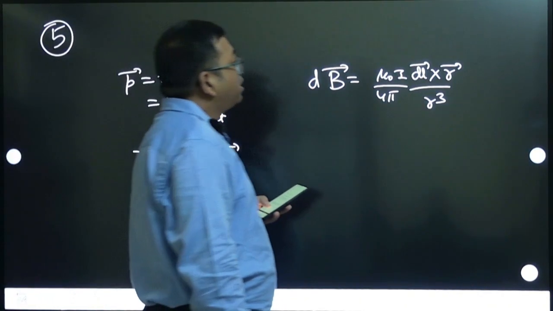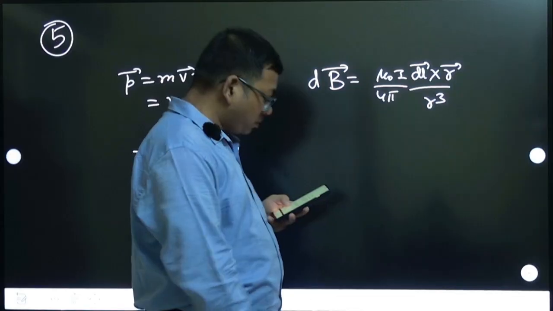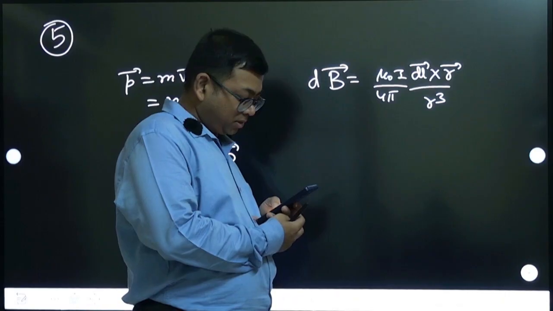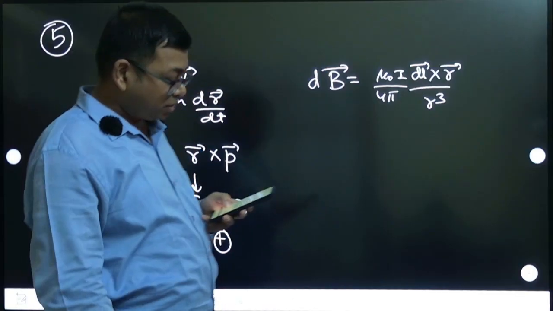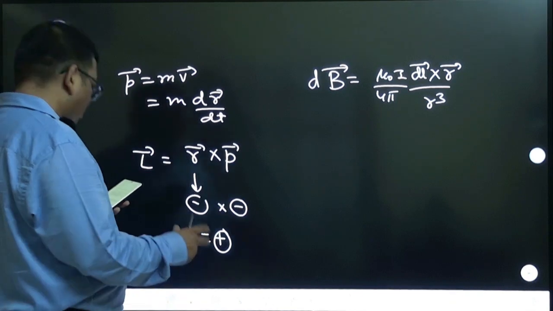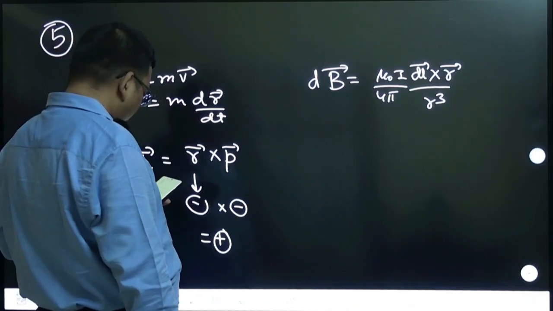If I change r vector here in the cross product, of course it will change. So which formula should we consider here? That's also important to note, because some formula is there where r vector change can affect or not affect it. But definitely angular momentum is not getting affected. So that term is coming, but magnetic field we need to check.